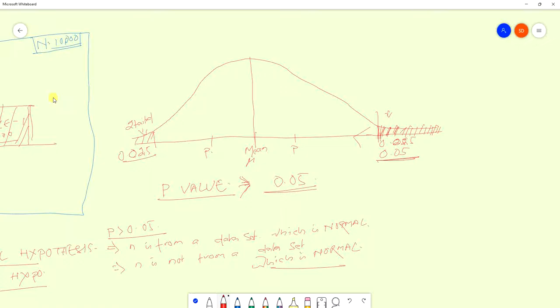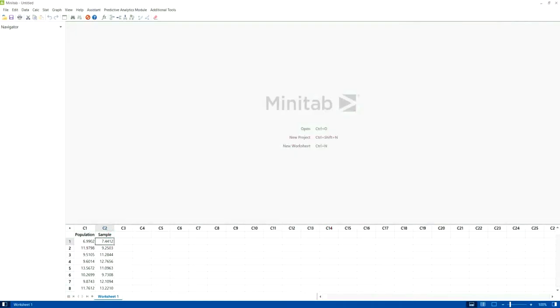But what exactly is p-value and where do we even calculate p-value, right? So let's understand that first. Before getting into that, let me visually show you what it means, right? So for example, suppose we have this population which is 10,000 and we have a sample of 100, the earlier example which I shared.